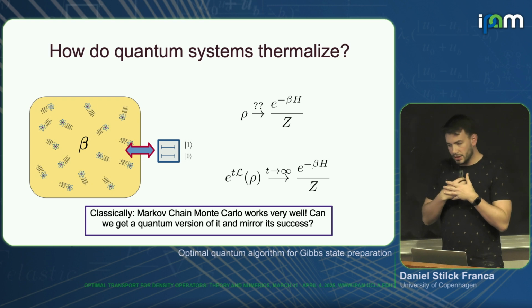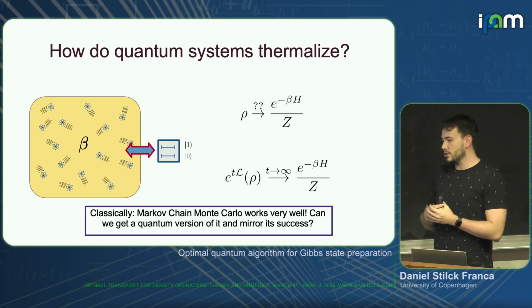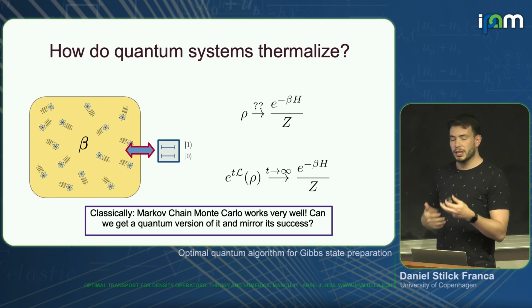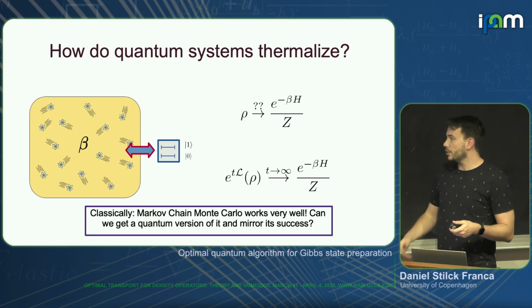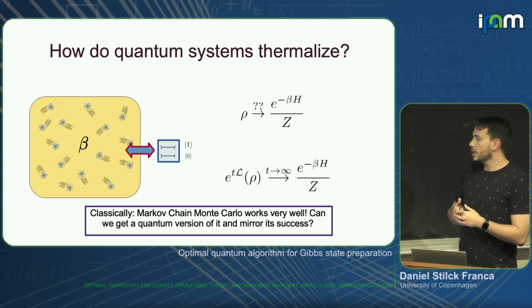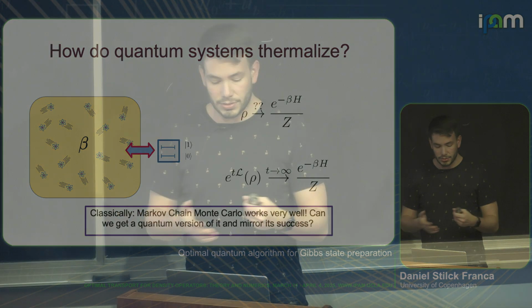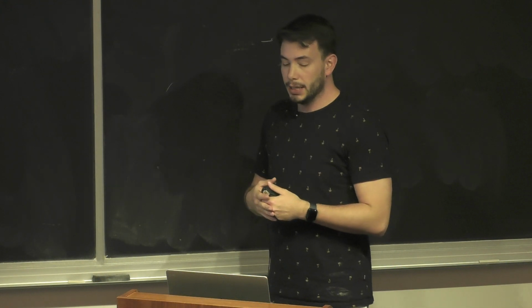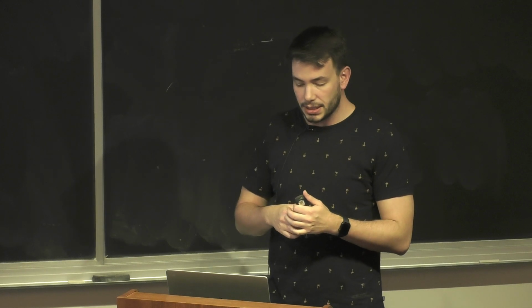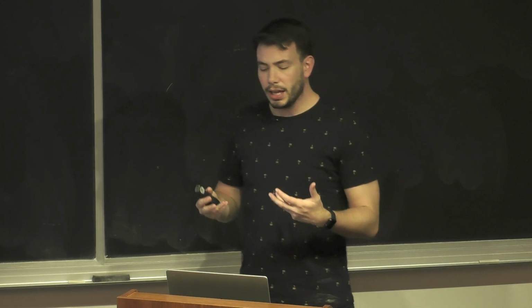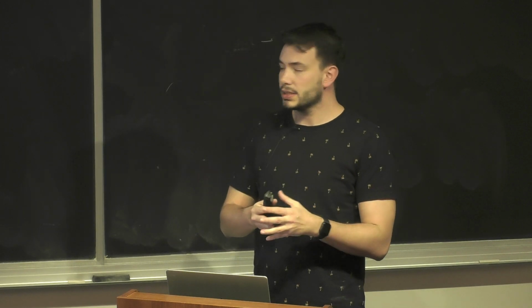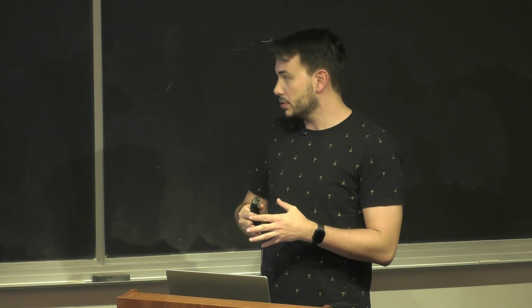These have been studied to death for the last 60 years, maybe even more. We can show that in certain regimes, they indeed allow you to efficiently sample from such distributions. And in practice, you see they work very well. People do this all over the place. We would like to mirror this sort of classical success for the setting of quantum computers.